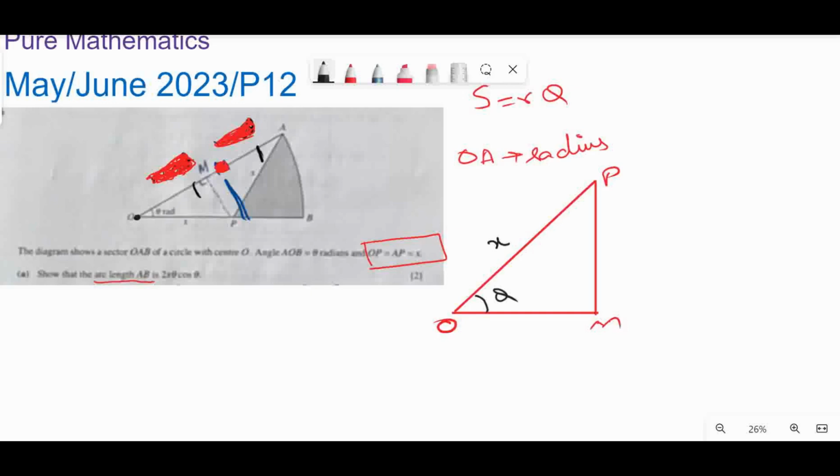Here we can see that this distance is the base, so we can use cos theta.